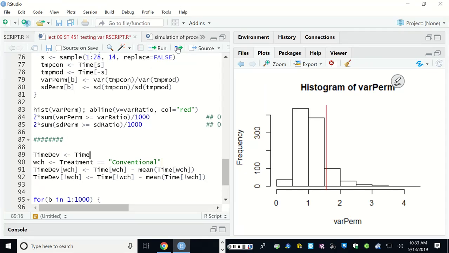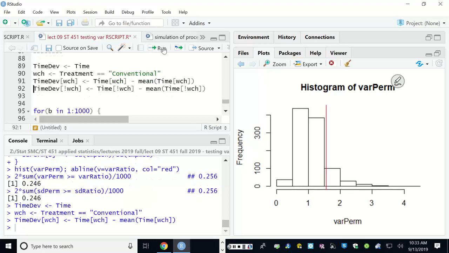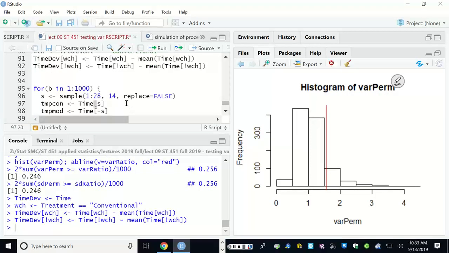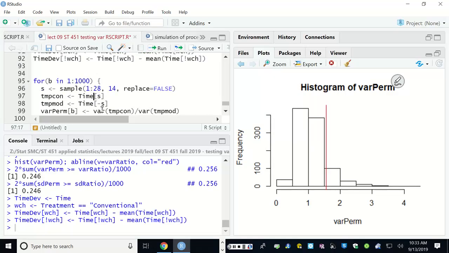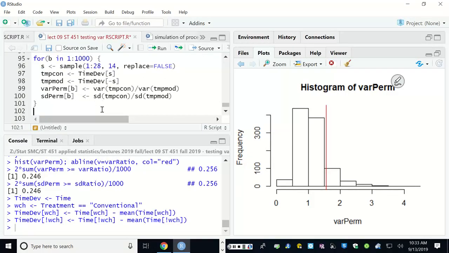So all that runs. Instead of computing things for time, I'm going to put the time deviations in here, and otherwise it should be the same.